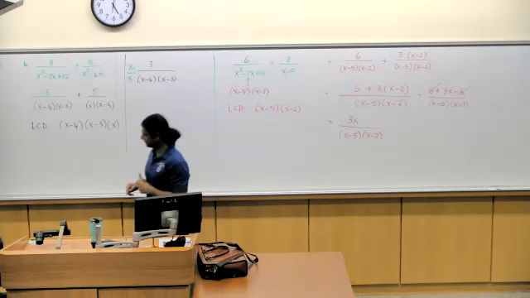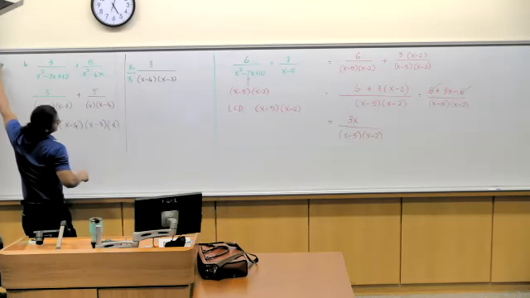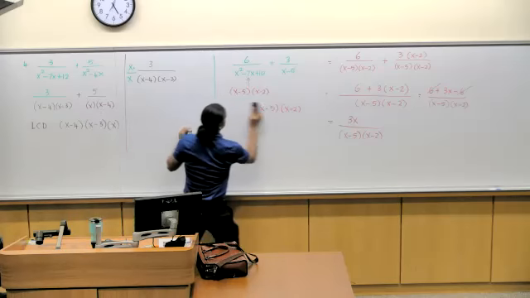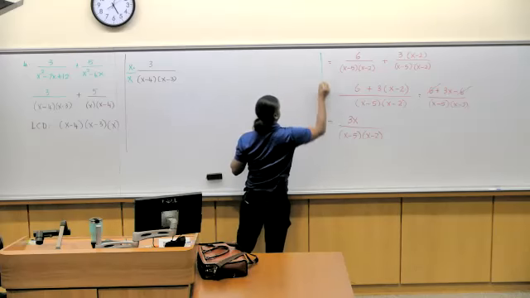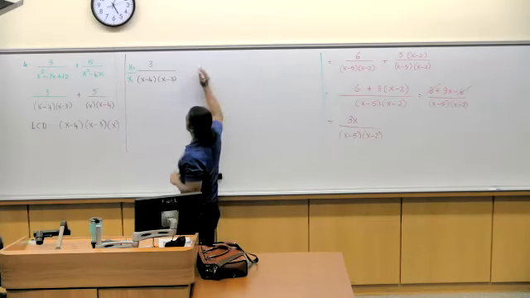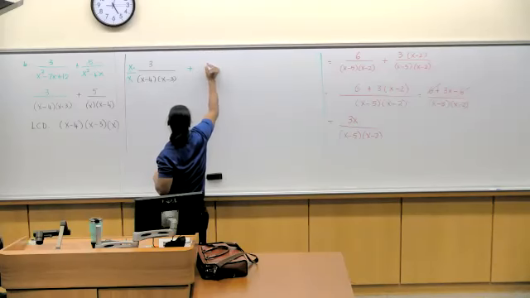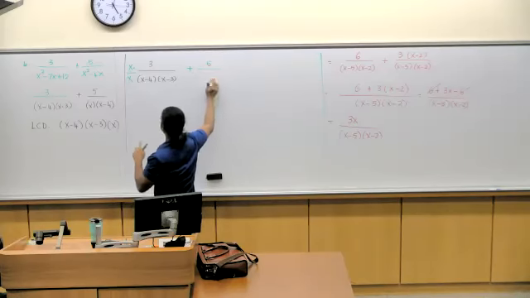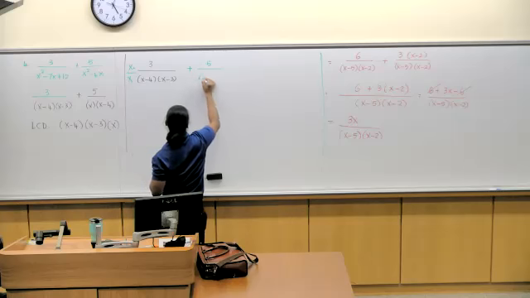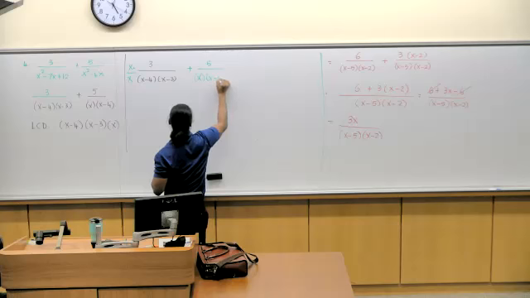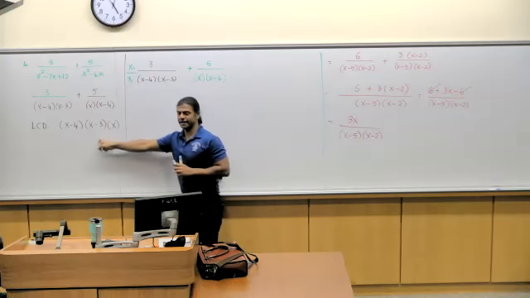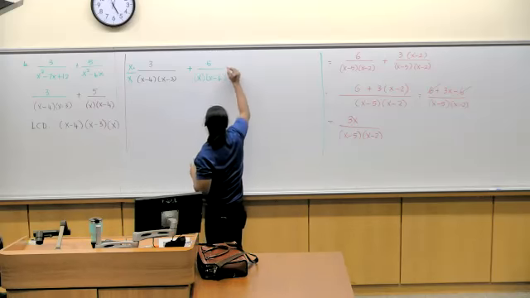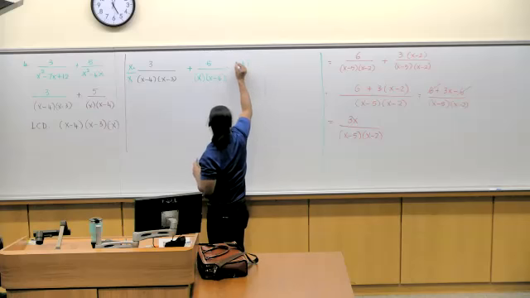The second term, 5 divided by x times x minus 4. What am I missing in the LCD? X minus 3. So multiply and divide by x minus 3.